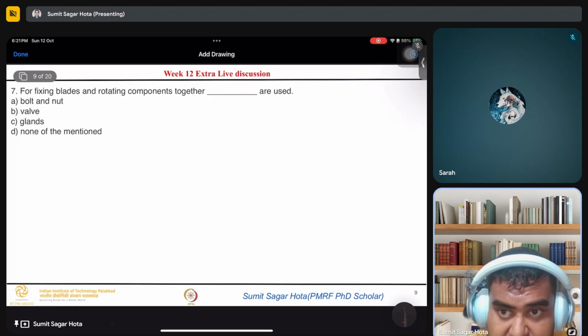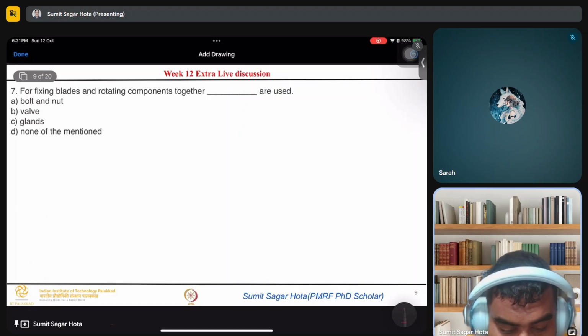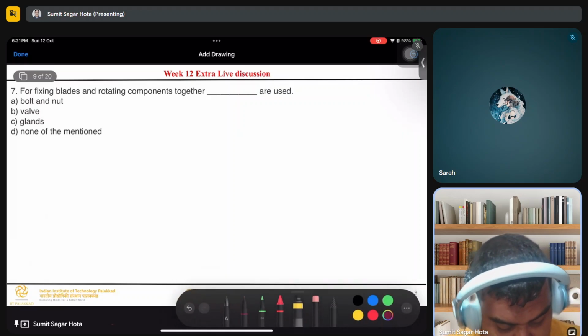For fixing blades and rotating components together, dash are used. So the answer is glands. These terms are very important. It is required to be remembered, these glands, all these things.